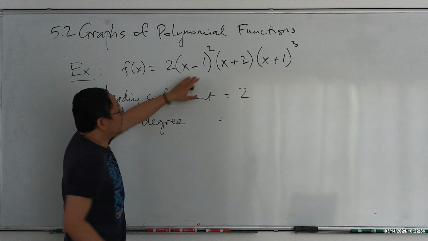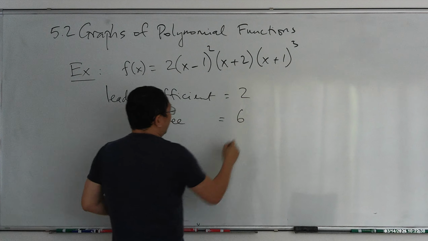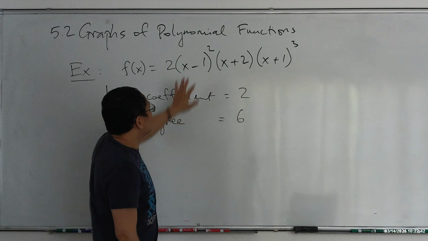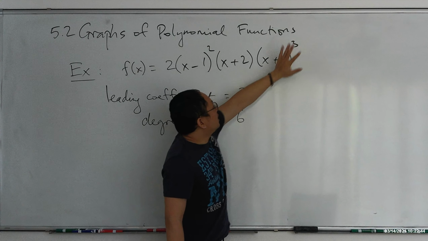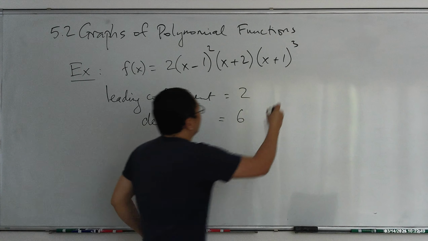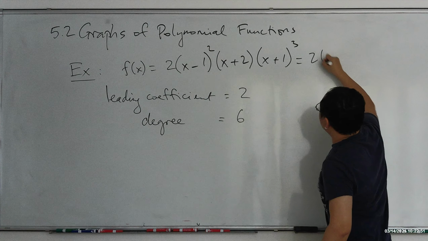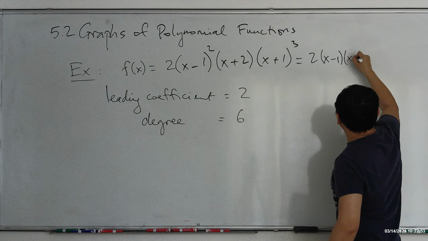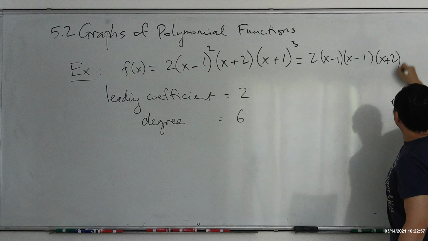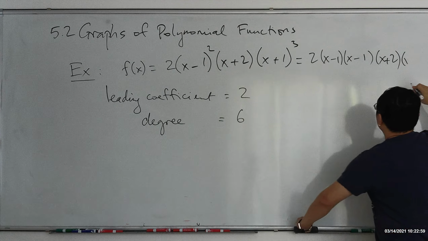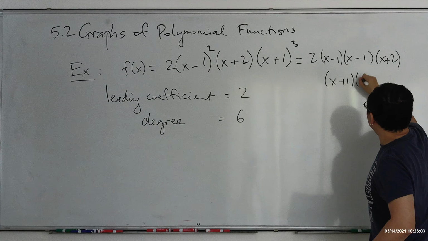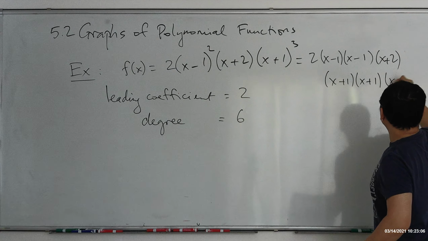I claim that this polynomial's degree is 6. How do I know it's 6? Well, you have 6 linear factors in here total, or you just add the multiplicities together: 2, 1, 3, right? It's 6. You can write it this way if you want: 2 times (x minus 1) times (x minus 1), then (x plus 2), times (x plus 1) times (x plus 1) times (x plus 1).